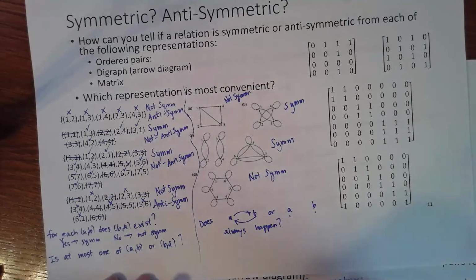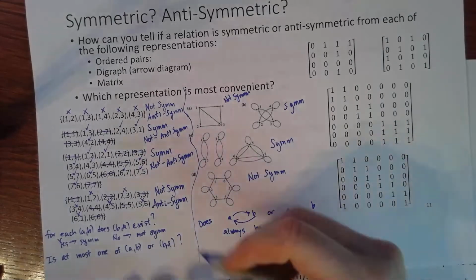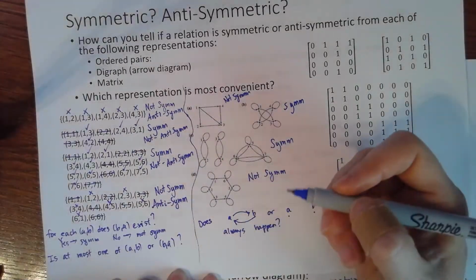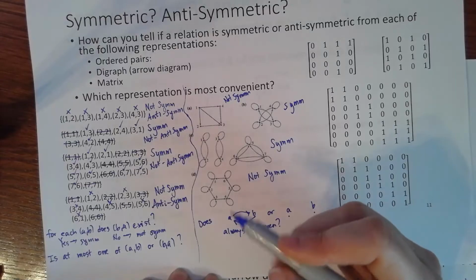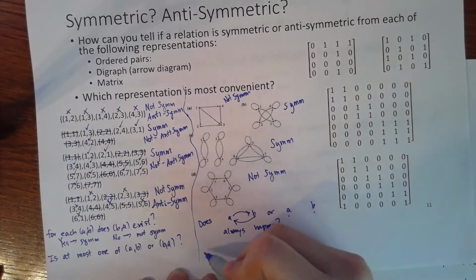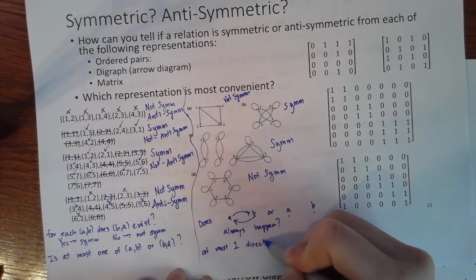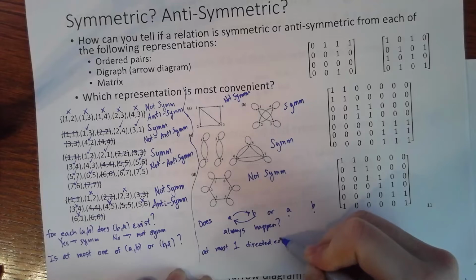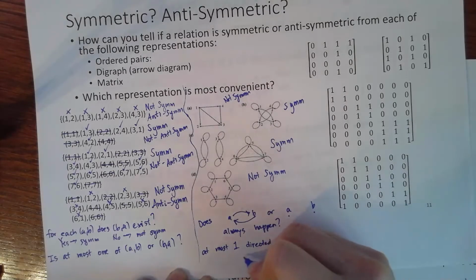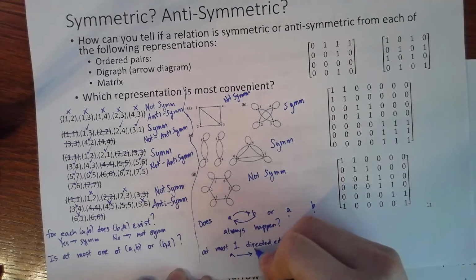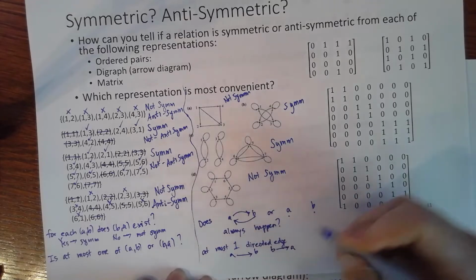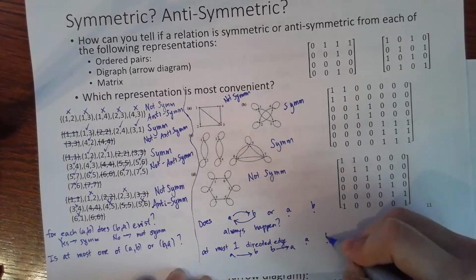All right. How would we know if it was anti-symmetric? For anti-symmetric, we could have at most one directed edge. It could be from A to B, it could be from B to A, or we could have no edge at all.